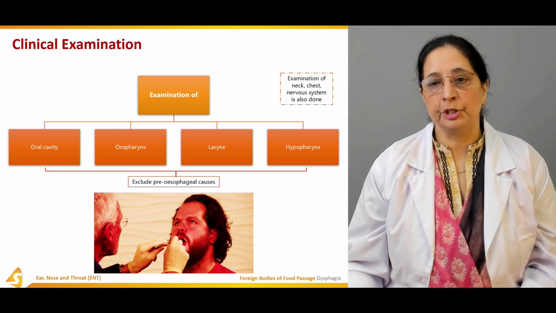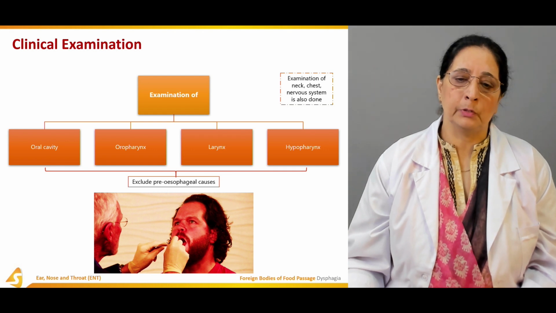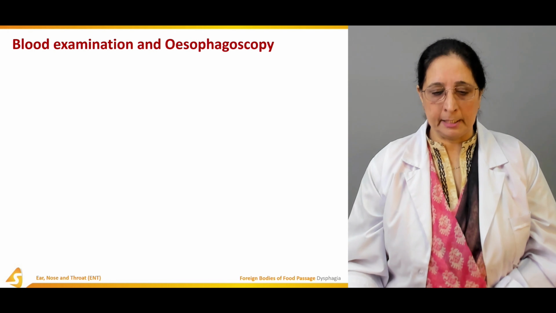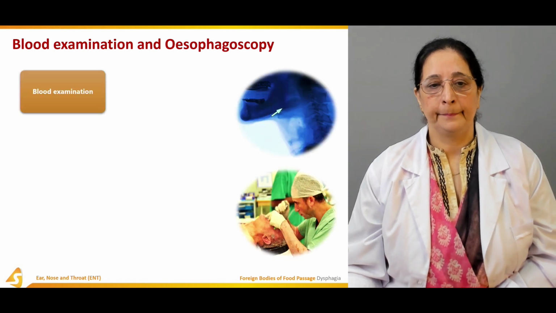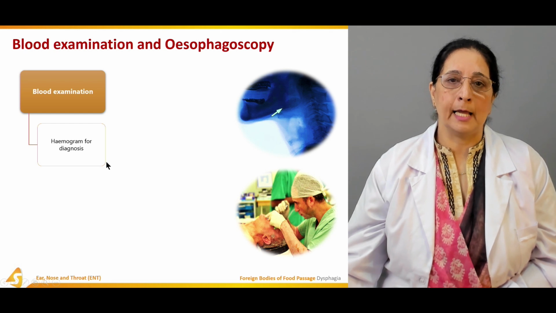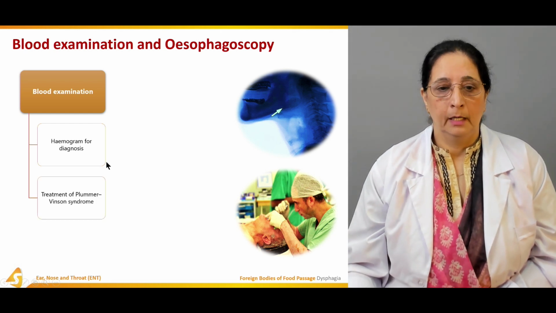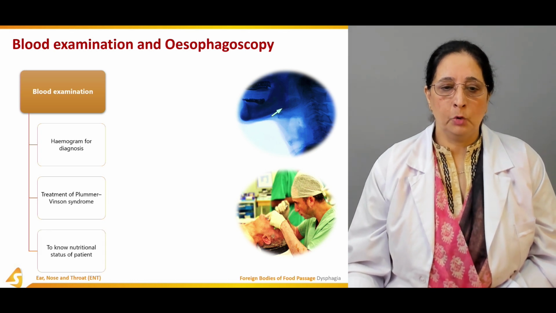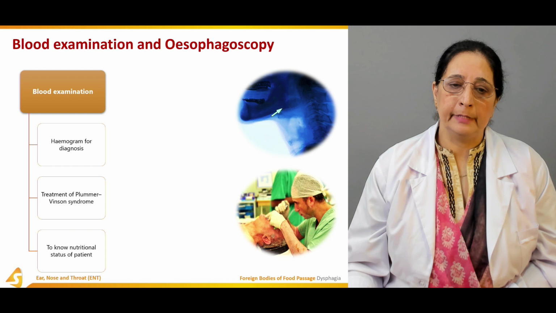Examination of the neck, chest, and nervous system is also done. Next, blood examination and esophagoscopy. Blood examination, hemogram, for diagnosis and treatment of Plummer-Vinson syndrome, to know the nutritional status of the patient.